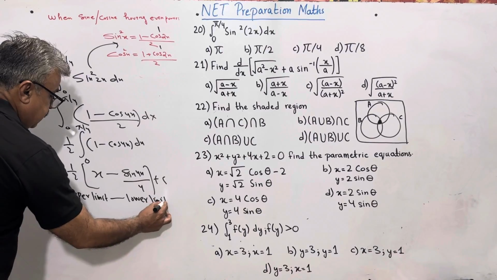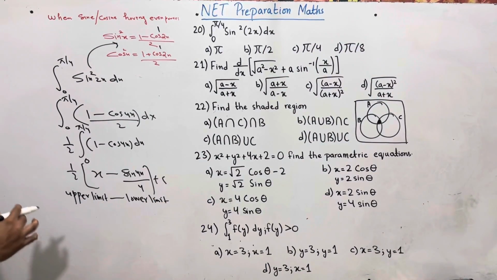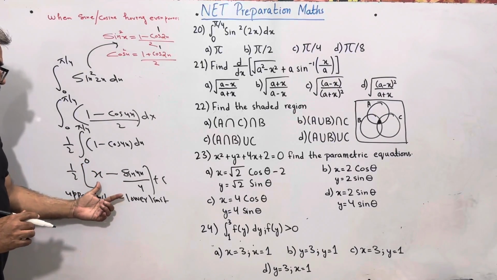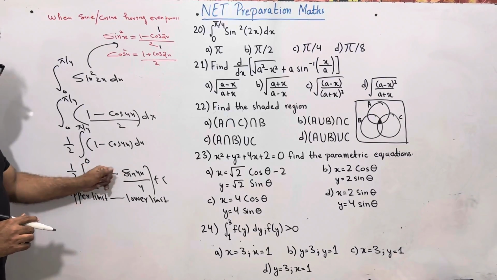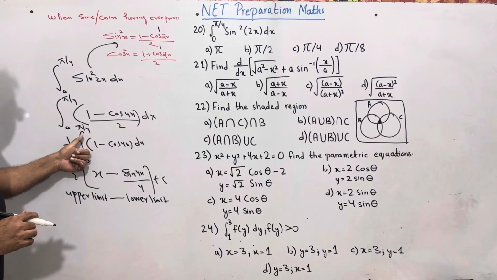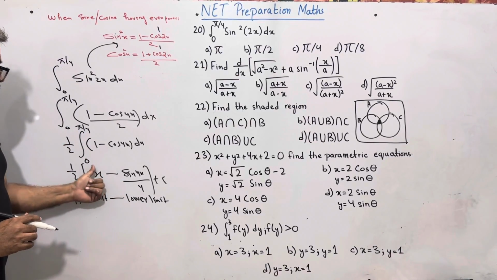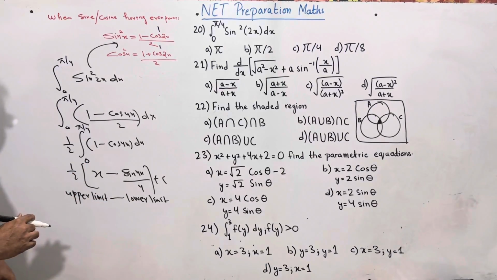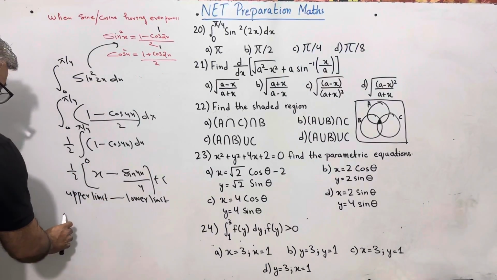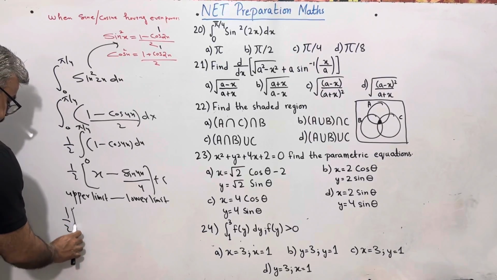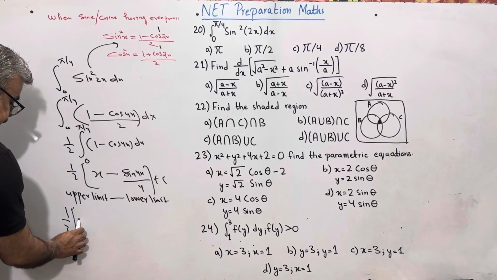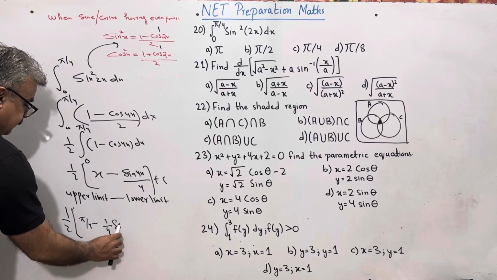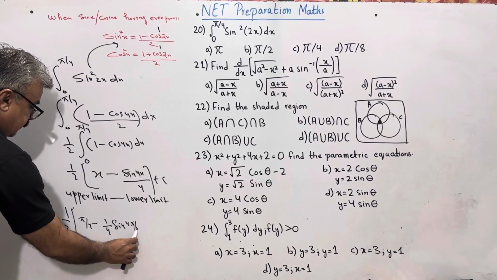Write this complete function first with pi over 4 plugged in instead of x, then write the same function with 0 plugged in instead of x. 1 over 2 times x means pi over 4, minus 1 over 4 sine 4 times pi over 4.